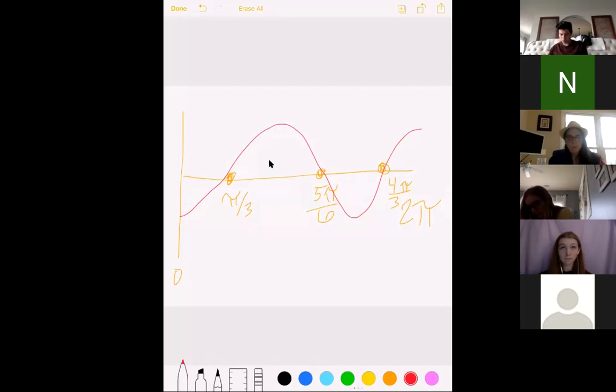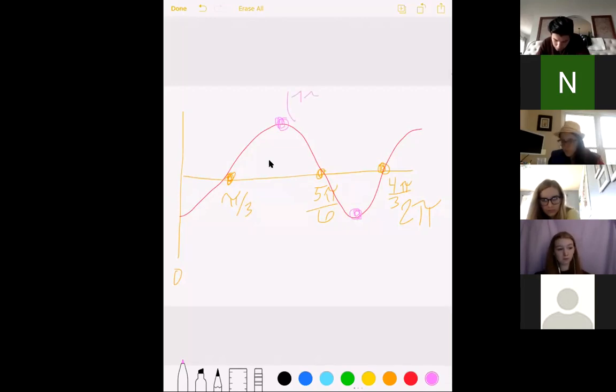And it wants us to show the coordinates of the max and the min. I know that this point where the max and the min happens is halfway between these 2 points. So the first one would be 7 pi over 12.